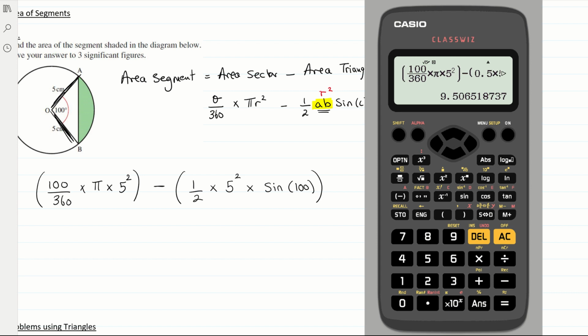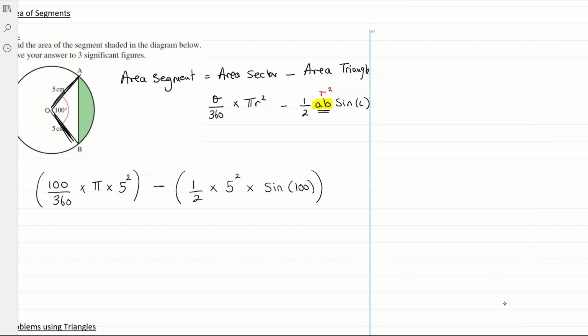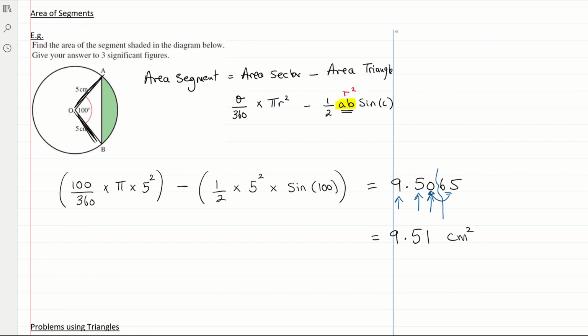To 3 significant figures, so 9.5065. That's the first significant figure, second, third, squiggly line. The 6 rounds the 0 up. So 9.51 centimeters squared, because I'm finding the area.